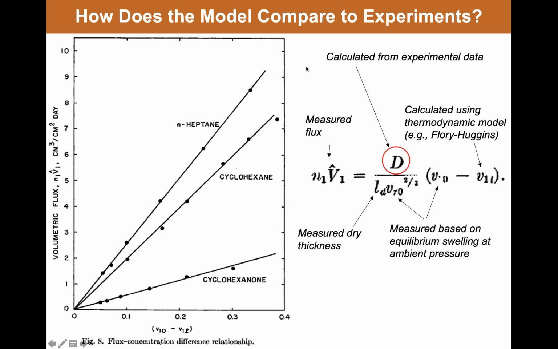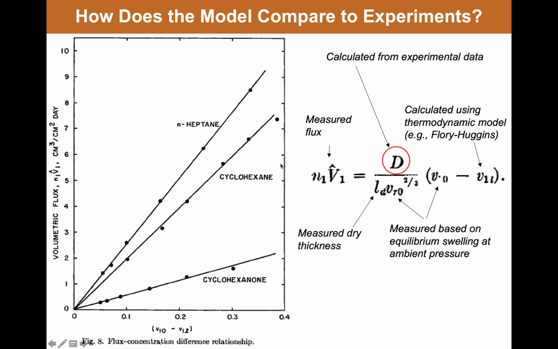This is just to clean this up a little bit and finish it. This is showing Paul's model, our model for liquid permeation through swollen membranes, showing the comparison of that model with the experimental data.